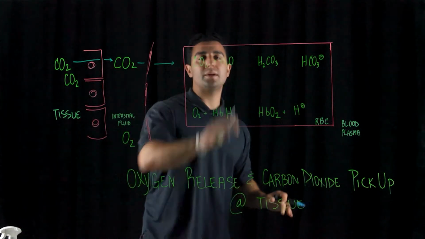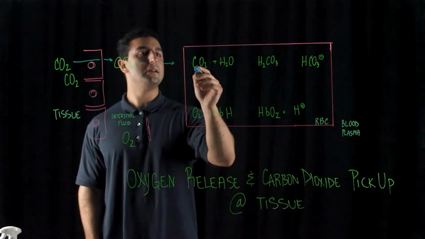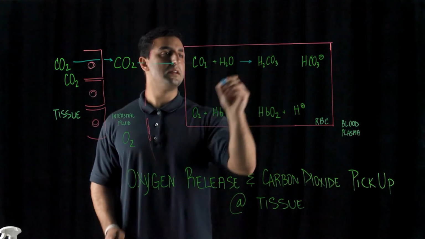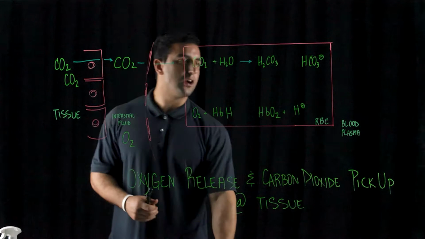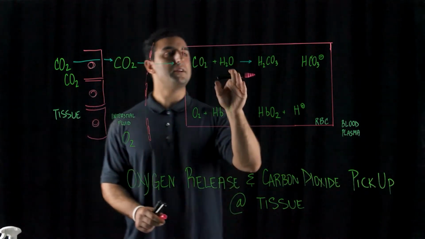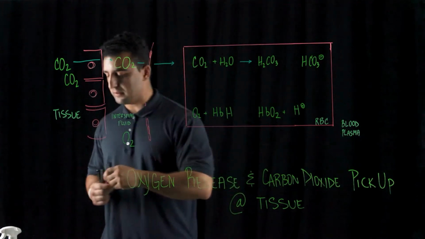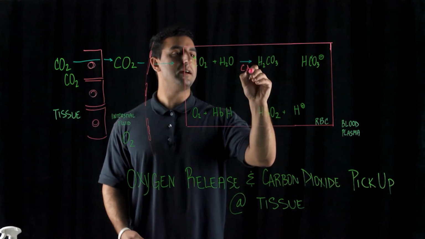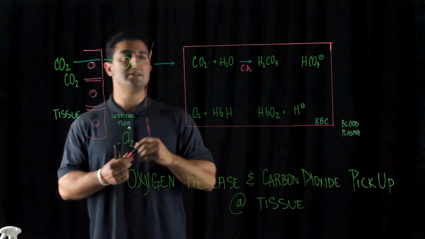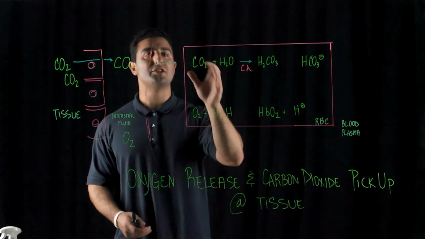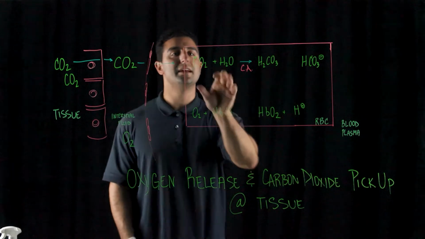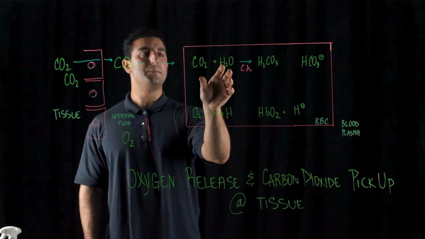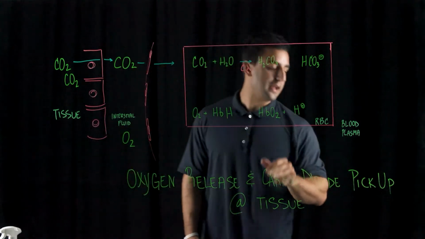Carbon dioxide combined with water gets converted to this acid, called carbonic acid. This conversion takes place specifically with the enzyme carbonic anhydrase. Carbonic anhydrase is a catalyst that speeds up this reaction, making it more efficient, converting carbon dioxide with the assistance of water into carbonic acid.